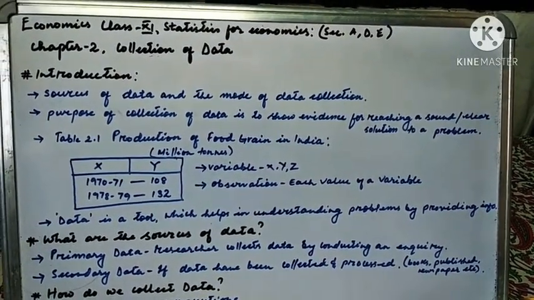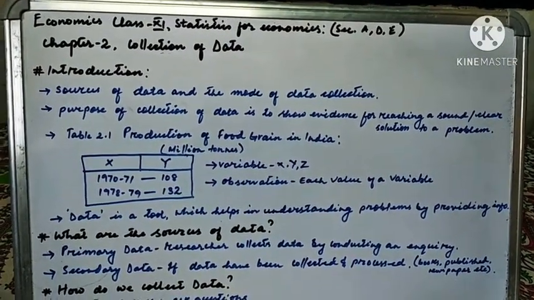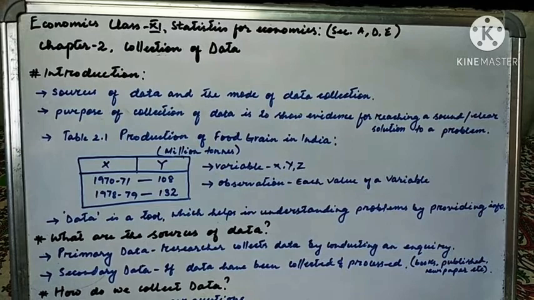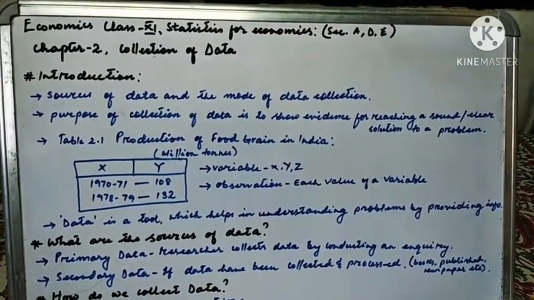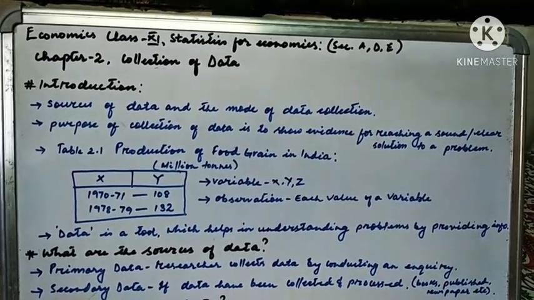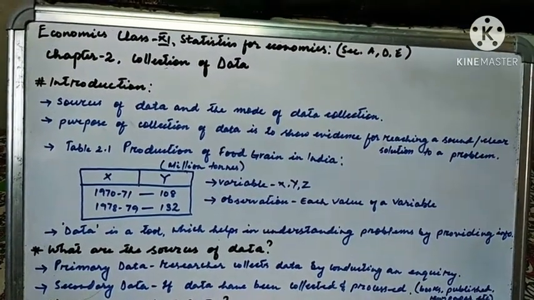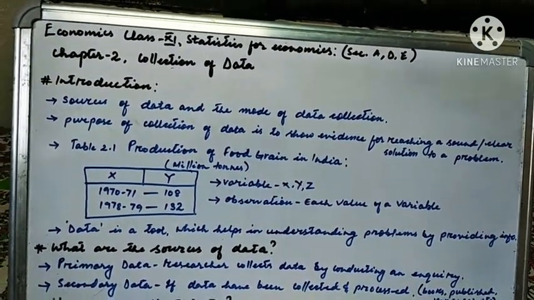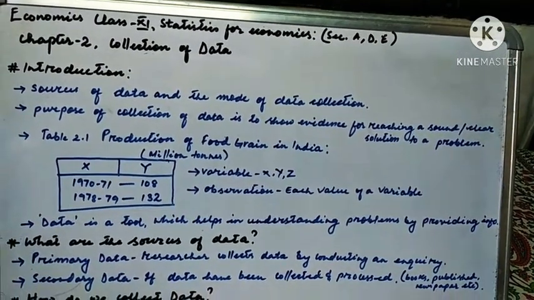When we look at the introduction to this chapter, we will see the various topics that will be discussed. In chapter 2, we will discuss the meaning and purpose of data collection. What is data collection all about, and why do we collect data?